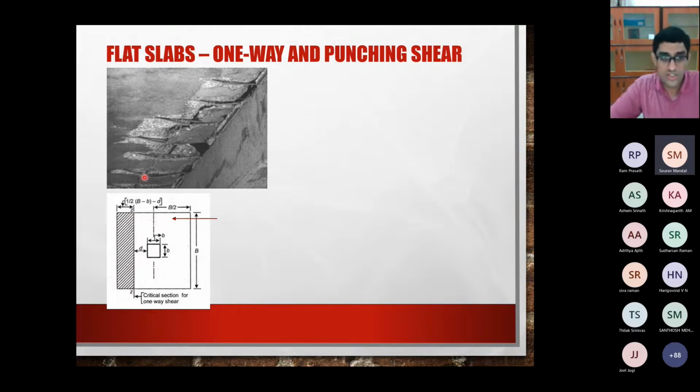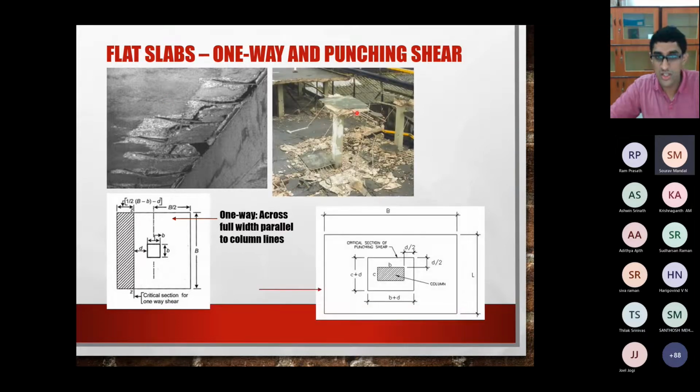So this is how a one-way shear failure looks. You can see that the failure has happened along an edge. One way, it's across the full width, parallel to column lines. Compare that with this. What has occurred over here as compared to this?